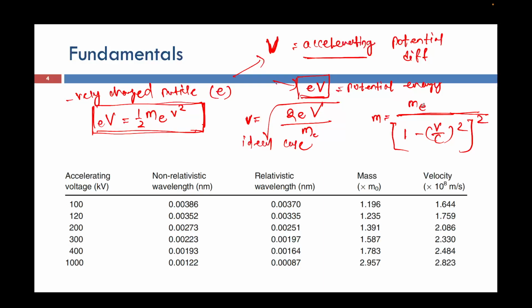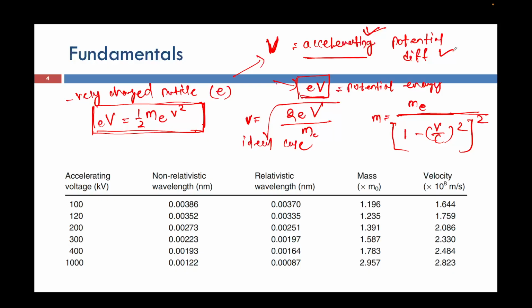This velocity is now dependent on this accelerating potential, right? As you increase the potential difference, this velocity will also increase, and as the velocity increases, the mass of the electron will also start to increase due to the relativistic theory.